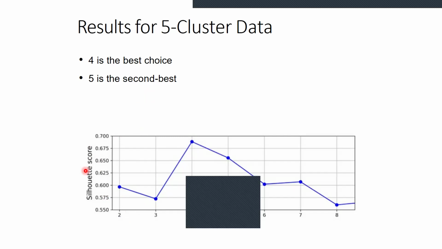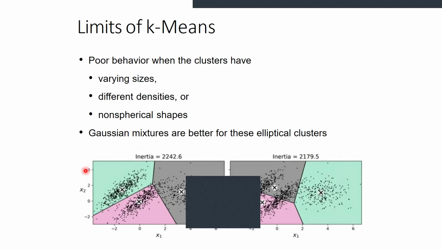Now, what are the limitations of k-means? It behaves poorly when the clusters have varying sizes, different densities, or non-spherical shapes.